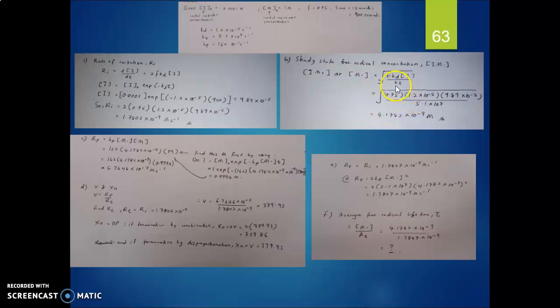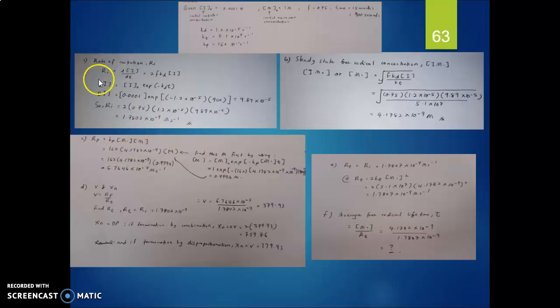So try to calculate on your own whether you can get this value or not. Okay, so for rate of propagation, you can use this type of equation, but you need to find M first.